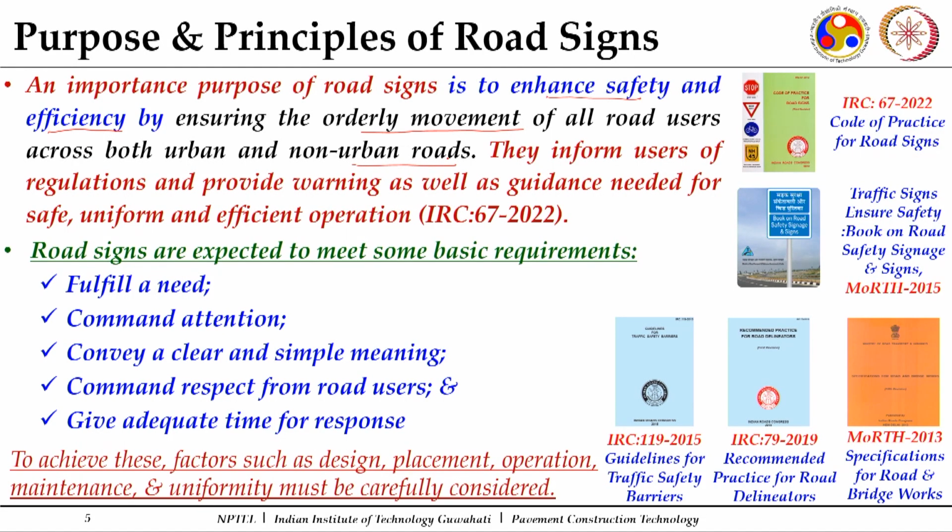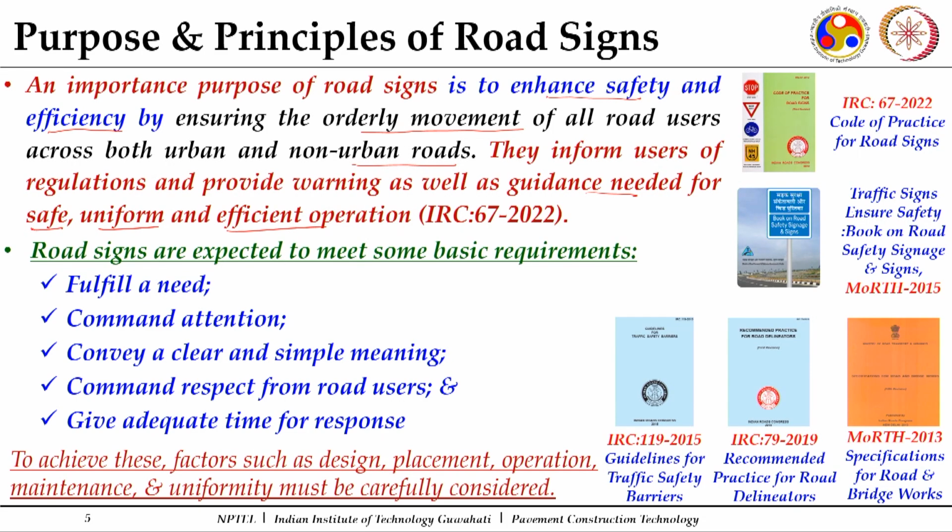Certain information is important for urban roads, and also important in case of non-urban roads. They inform users of regulations and provide the warnings and guidance needed to help them have a safe, uniform and efficient operation.